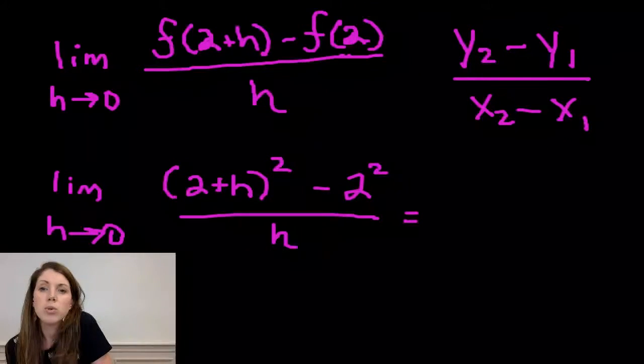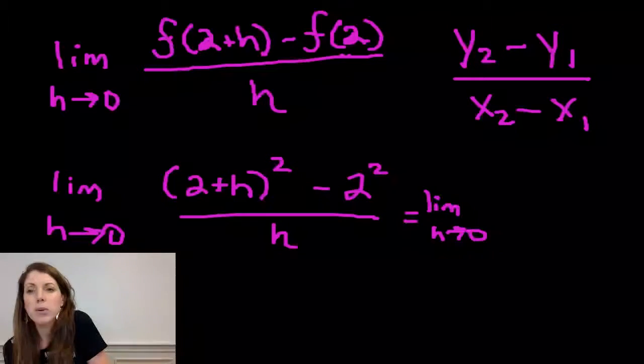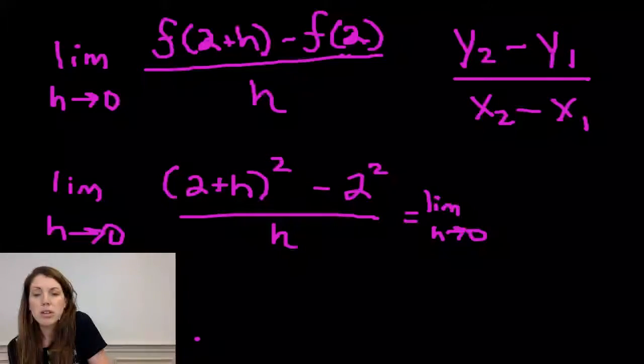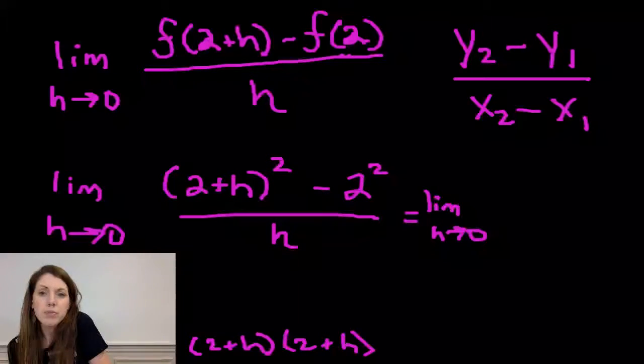So we're going to do this all out. Again, limit as h goes to 0. 2 plus h squared, we're going to need to expand that. That's going to be 2 plus h times 2 plus h, which hopefully you're getting good at doing quickly in your head.